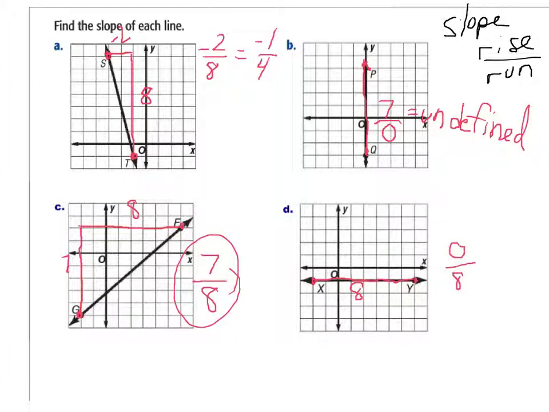Now if you put 0 divided by 8 in your calculator, you will get 0 for an answer. Now all horizontal lines are going to have a slope of 0. So all vertical lines have an undefined slope. All horizontal lines have a slope of 0.